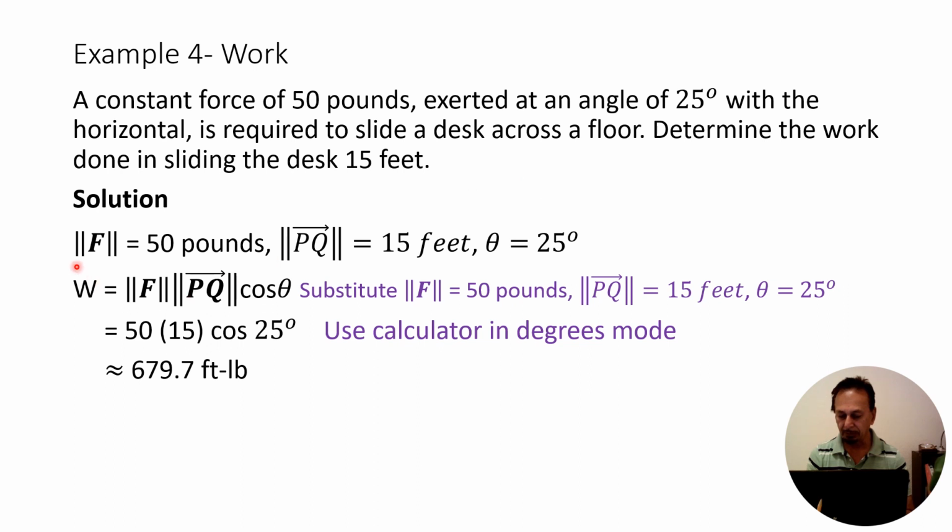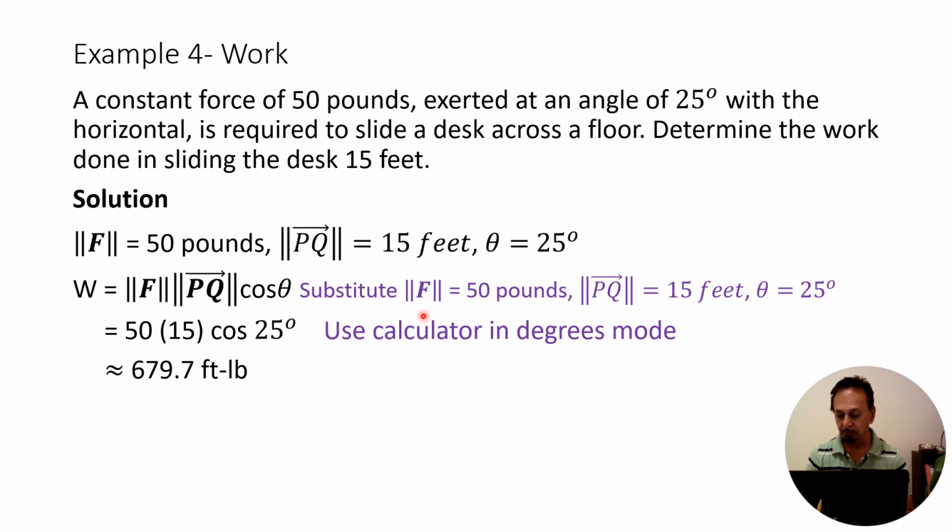So here the magnitude of the force is 50 pounds, the distance, magnitude of vector PQ, is 15 feet, and the angle theta is 25 degrees. The formula for the work is the magnitude of force applied times the distance times the cosine of the angle between the applied force and the distance vector.